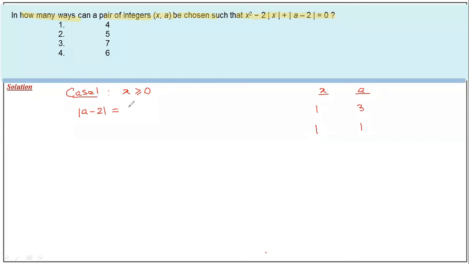Next, when mod of a minus 2 equal to 0, so the equation becomes x square minus 2x equal to 0, or x into x minus 2 equal to 0, which means x can be equal to 0 or 2. So we have x 0. Now mod of a minus 2 equal to 0 means a is 2, and we have x 2 when a is 2.